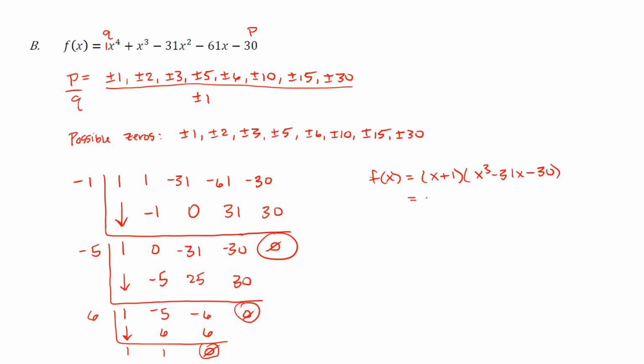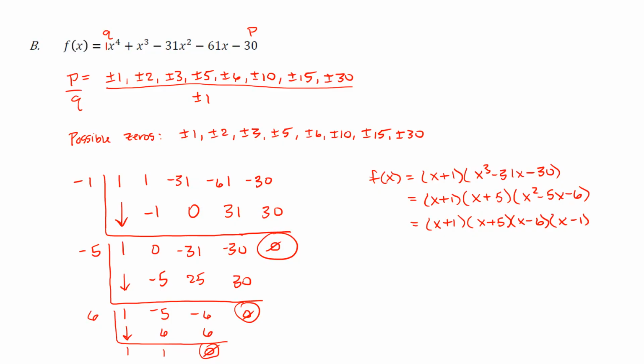Then we divided x cubed minus 31x minus 30 by -5, which has a linear factor of x plus 5, and we got x squared minus 5x minus 6, and then we divided that quadratic by 6, which gave us the linear factor x minus 6 and a depressed polynomial of x plus 1.